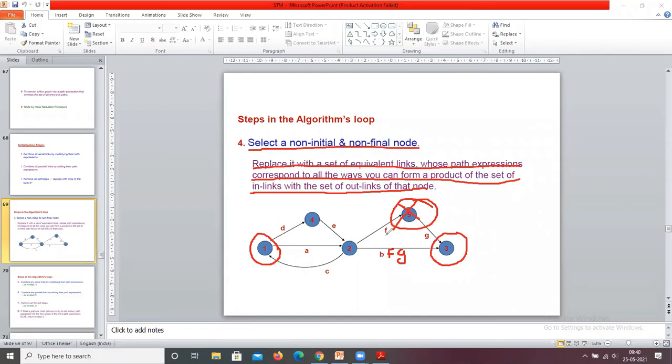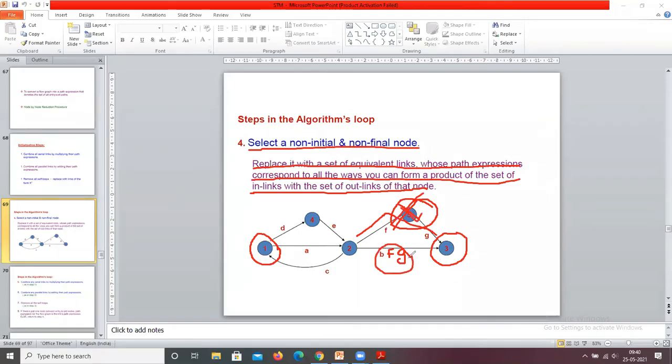What are the equivalent links here? F, G, whose path expression corresponds to the product of the in links and out links. If you observe, this is the F and this is the G. Now I remove this link and write BFG here.